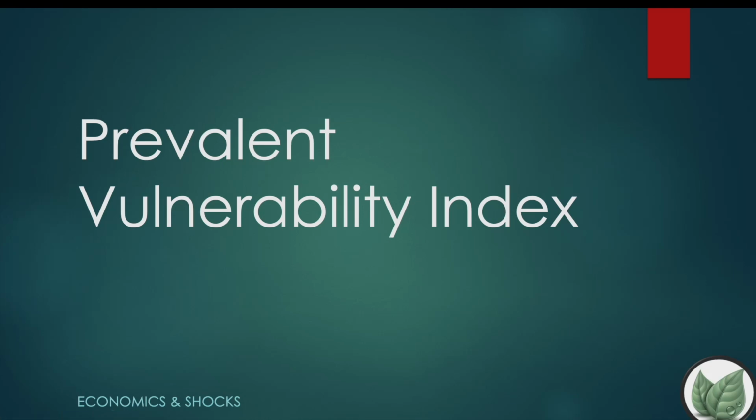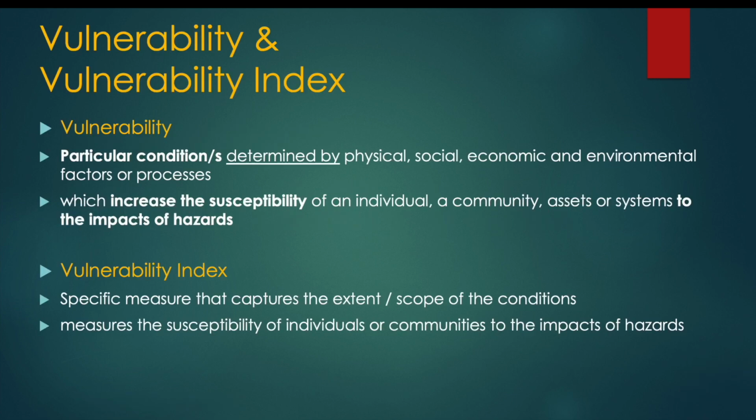Prevalent Vulnerability Index or PVI. Vulnerability is a particular condition or conditions determined by physical, social, economic, and environmental factors or processes which increase the susceptibility of an individual, a community, assets, or systems to the impacts of hazards.